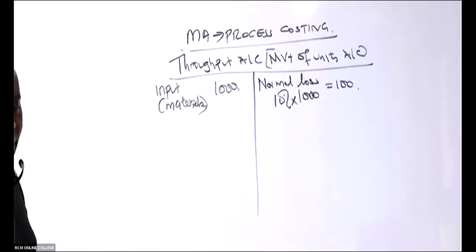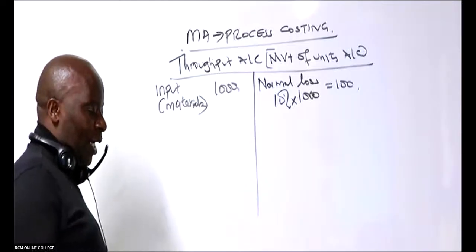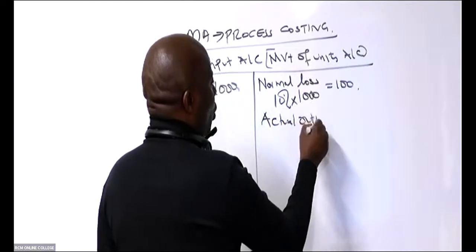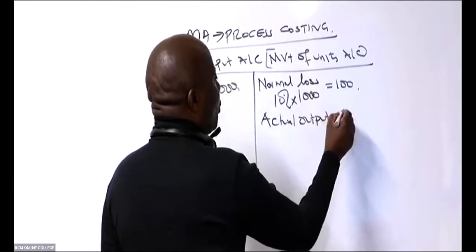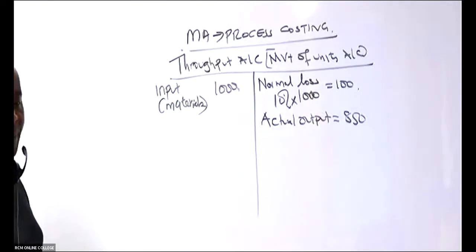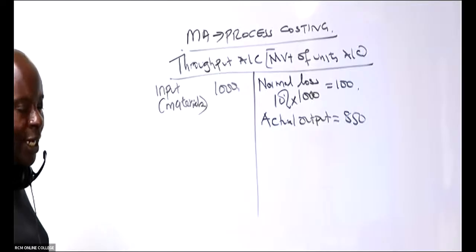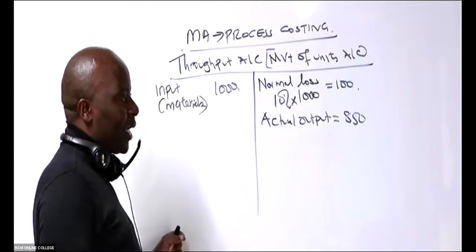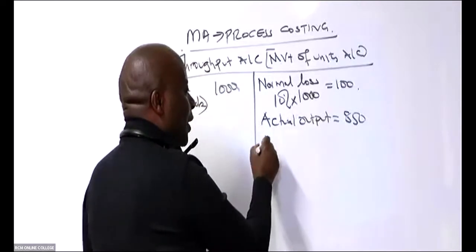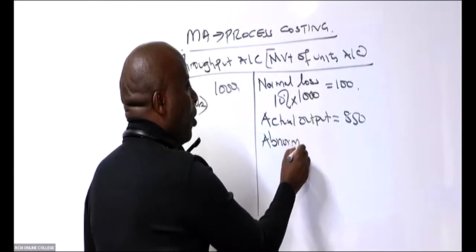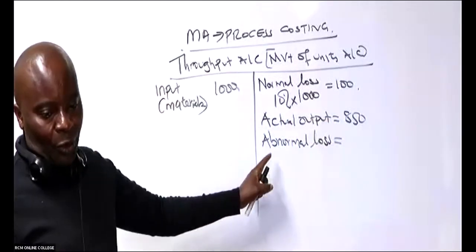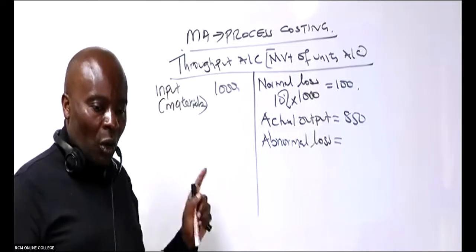And then, ladies and gentlemen, in the same question, they have given us the actual output, a figure of 850. So now I should be able to balance this account. If the balancing figure goes this side, to the credit, we call it an abnormal loss.